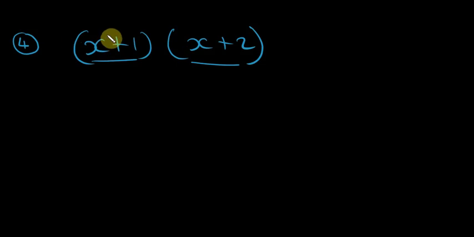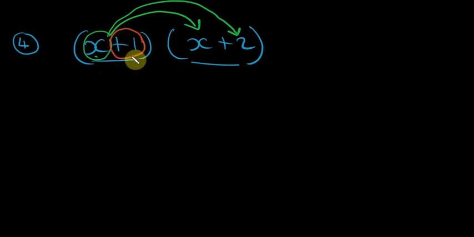Well, you start with the first term of the first bracket and you multiply that term with all the terms in the second bracket, and then you do the same. Take the second term of the first bracket and multiply by all the terms in the second bracket.